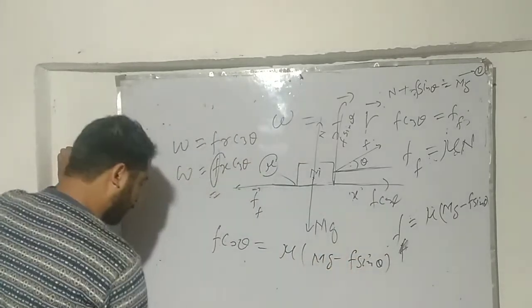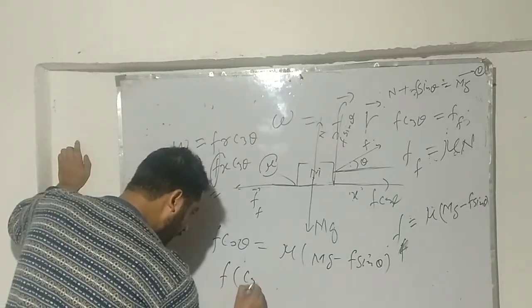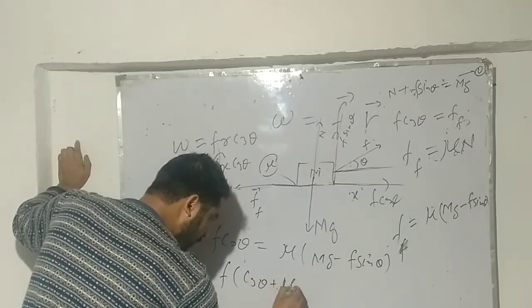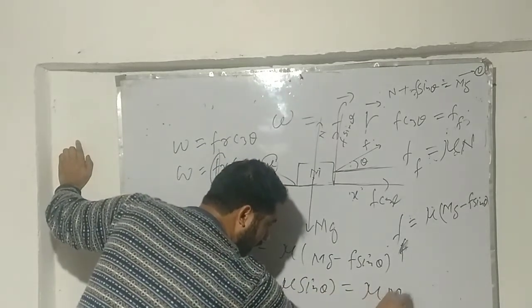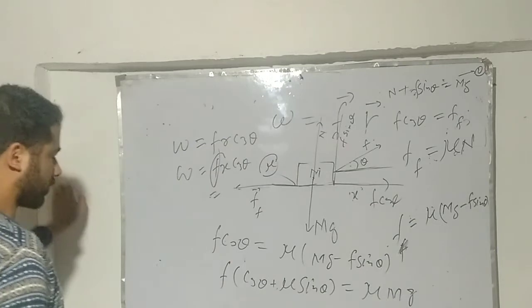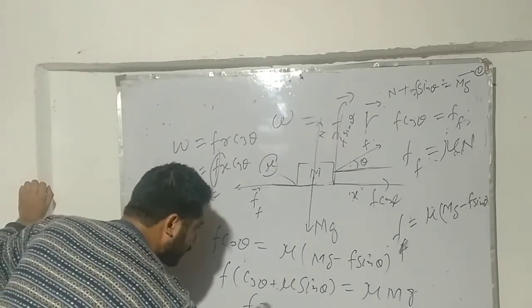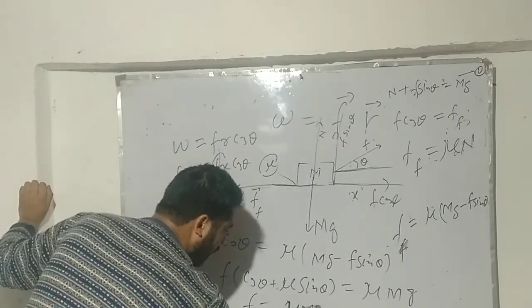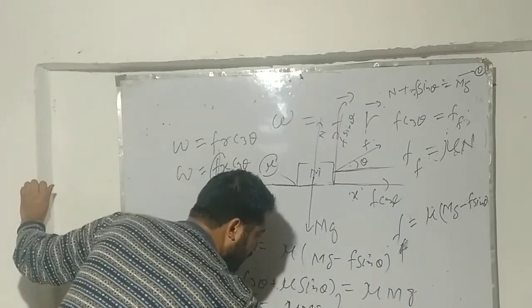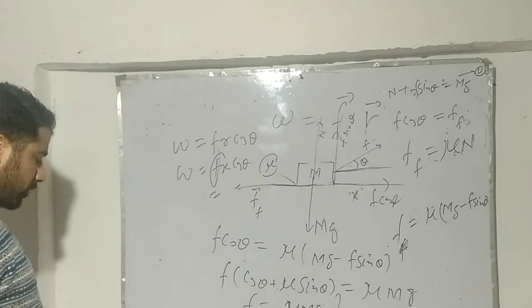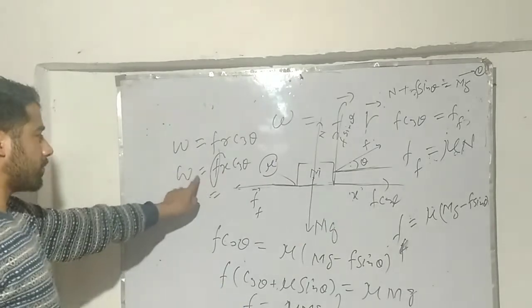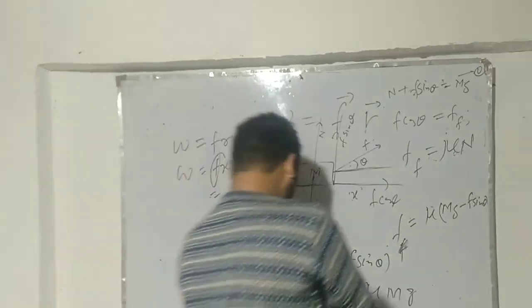Okay, after doing the further maths, I will get F times cos theta plus mu sin theta equal to mu mg. Or I can write F simply equal to mu mg over cos theta plus mu sin theta. By this way, I got the value of this F. I can substitute this value here, so I will get the work done by this force.